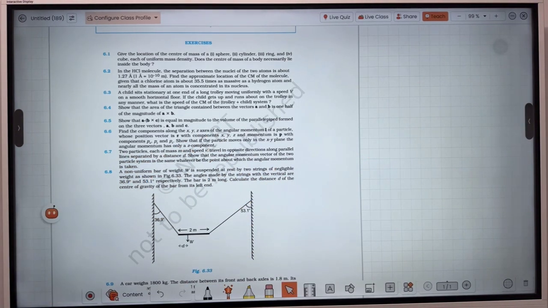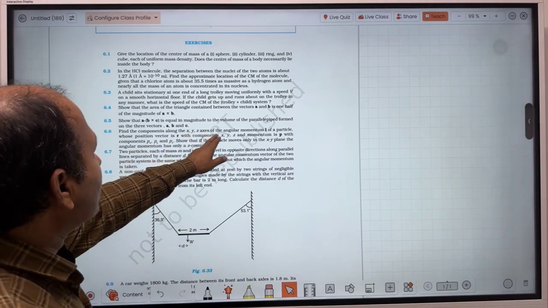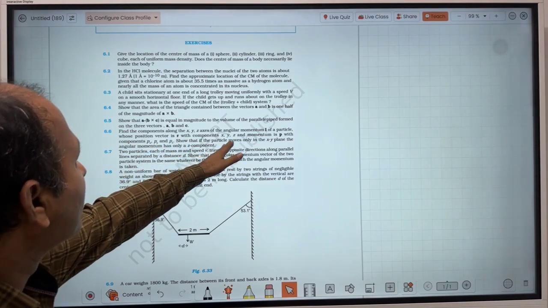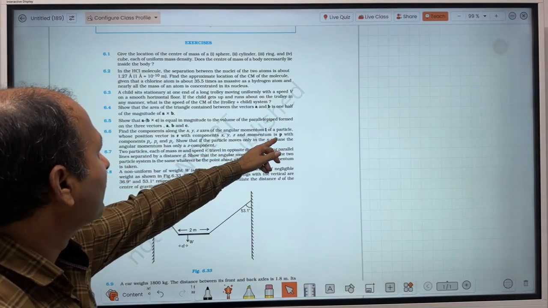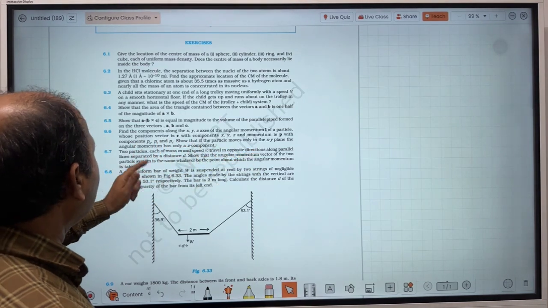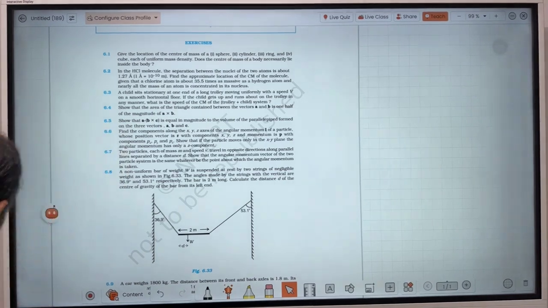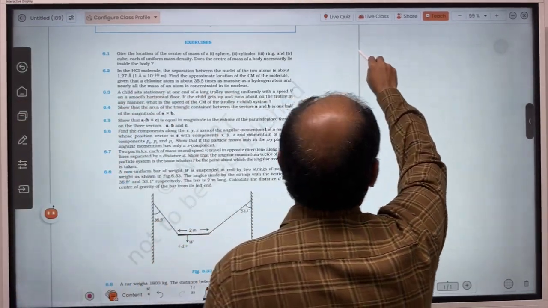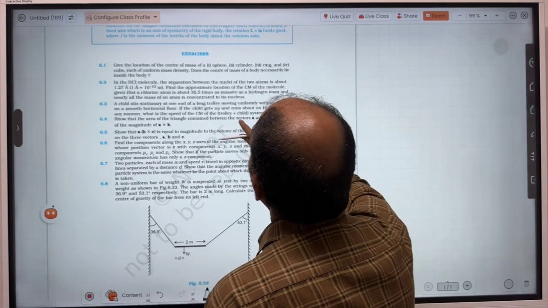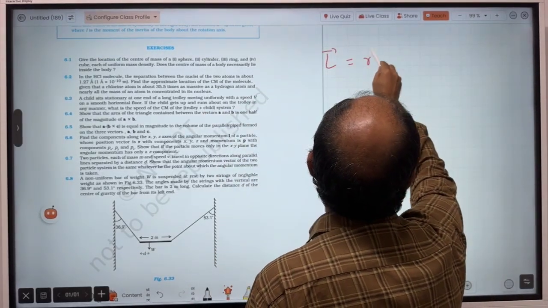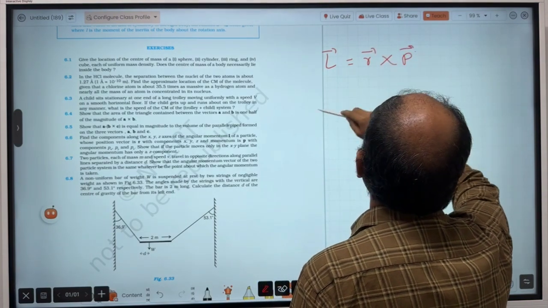Next question. Find the components along the x, y, z axis of the angular momentum L of the particle whose position vector is r with components x, y, z and linear momentum is p with components px, py, pz. Show that if the particle moves only in the x, y plane, the angular momentum has only a z component. So it is simple. If you remember, L equal to R cross P, right?